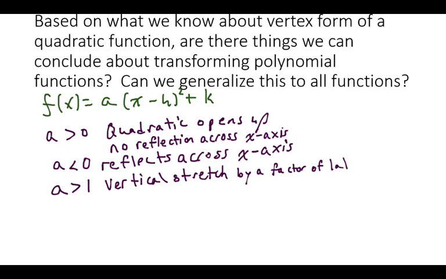So if a was a fraction, which means it's between 0 and 1, that means I had a vertical compression.